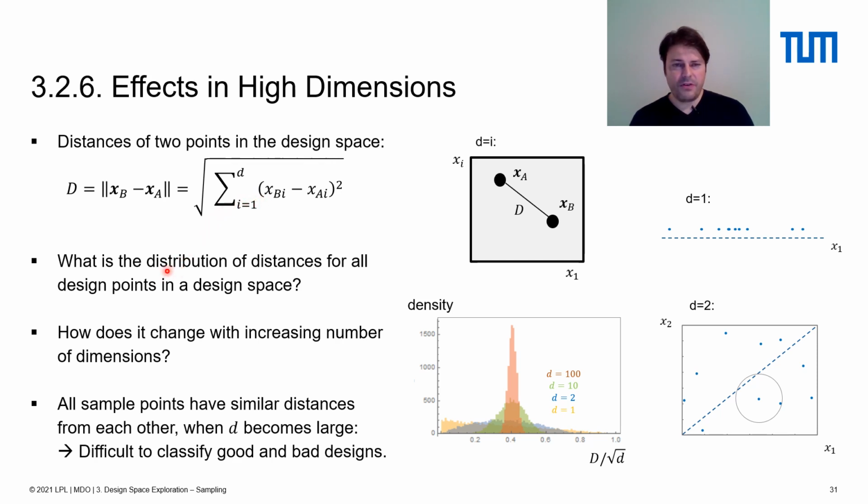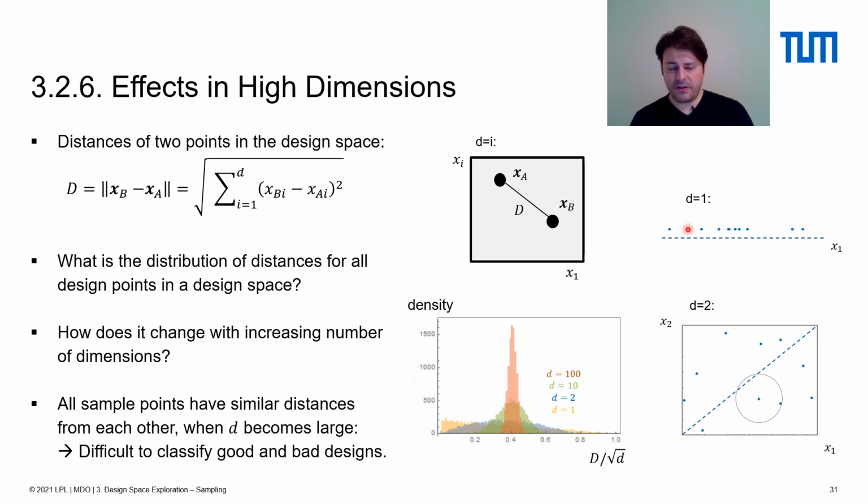Now let's think of the distribution of all distances of all pairs of design points. So let's not only consider this one particular pair, but let's think of all possible pairs and count how frequent distances are. That will lead us to this plot. In one dimension, you can tell here by these yellow bars, small distances are more frequent than large distances.